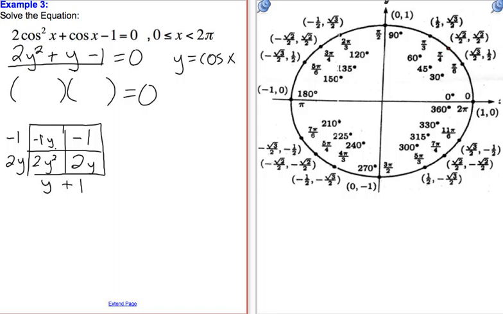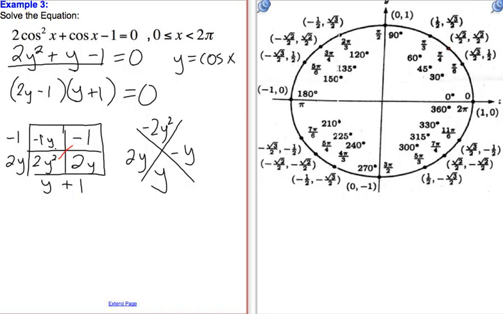So this quadratic equation here is equivalent to the following: 2y minus 1 and y plus 1. Remember, the diamond problem also works here. You wanted the product to be negative 2y squared because that was the product diagonally here, and you wanted the sum to be y. You guess and check, and you end up getting 2y and negative y.